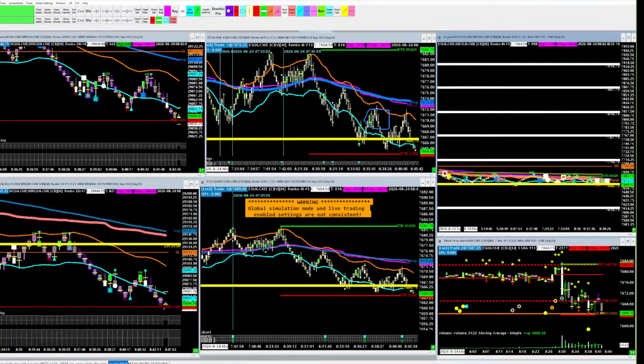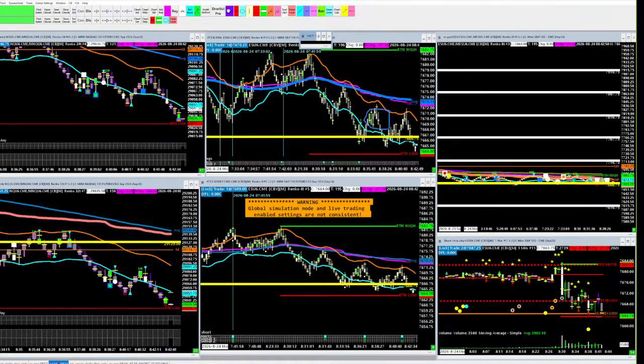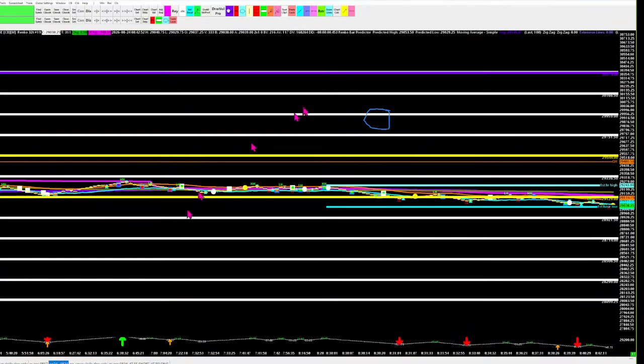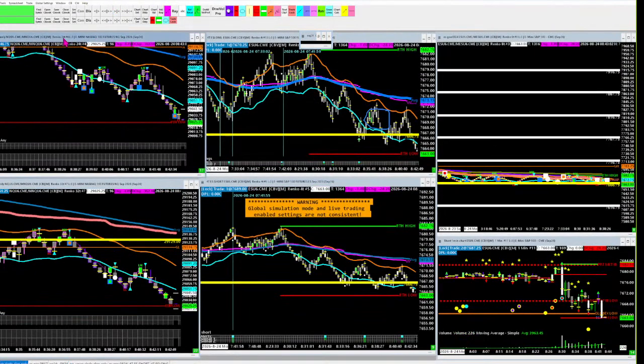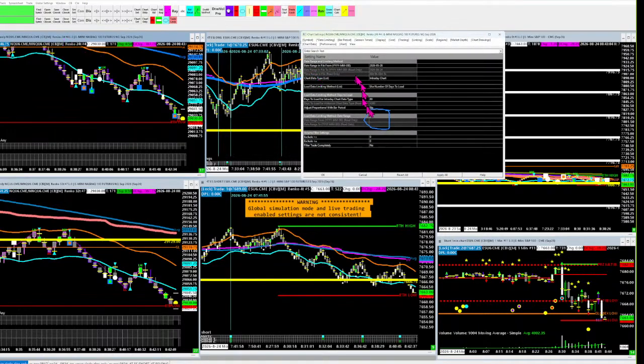NQ. Chart number, oh, it is the 32 tick, chart number 19.